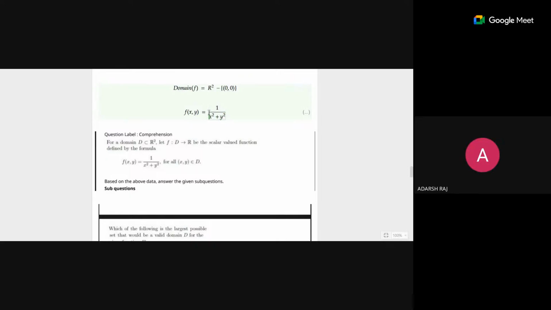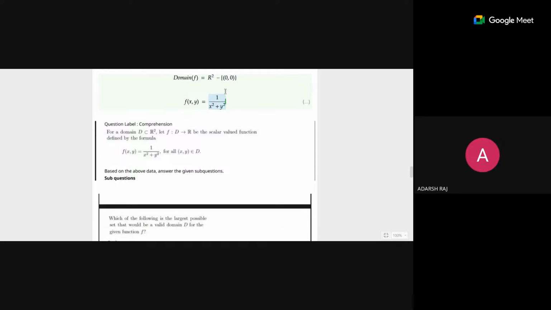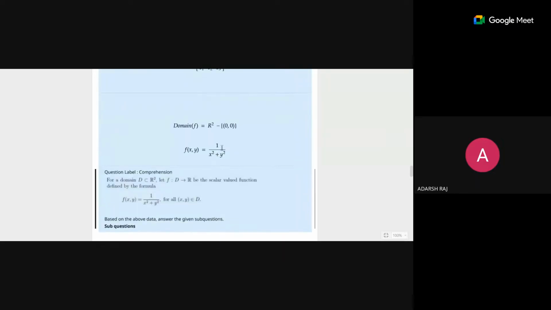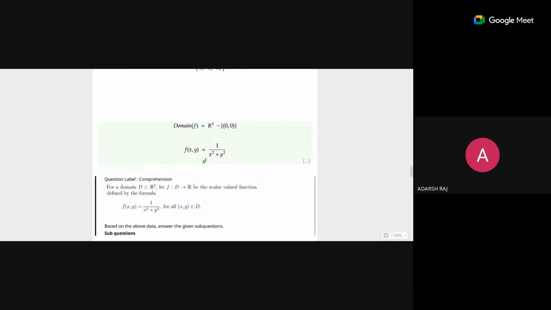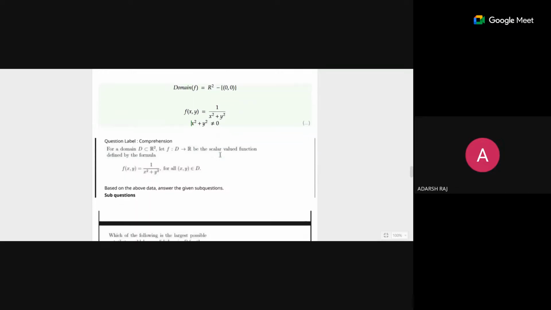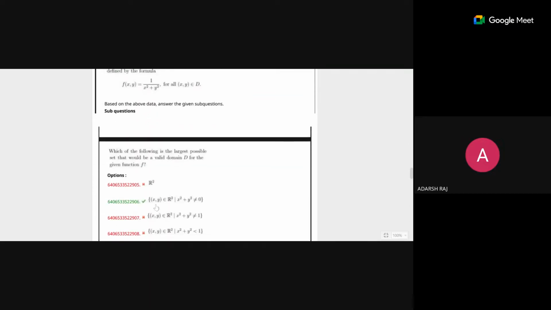So this function is defined for all R2 except 0 comma 0, meaning x square plus y square cannot be 0. So this will be not equal to 0, right? Yes, sir. So the second option is satisfying the condition.